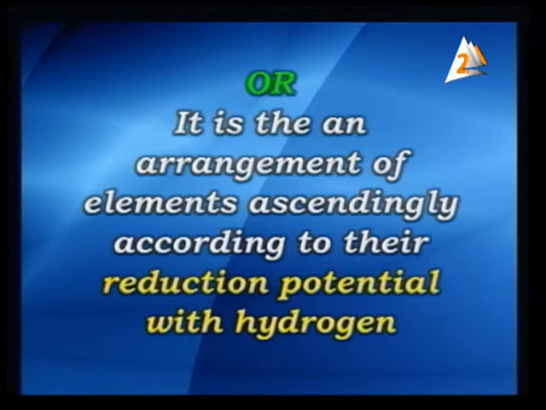You must say with hydrogen, because hydrogen is the standard for this case, and we learn that its standard oxidation or reduction potential all the time equals 0 for hydrogen.